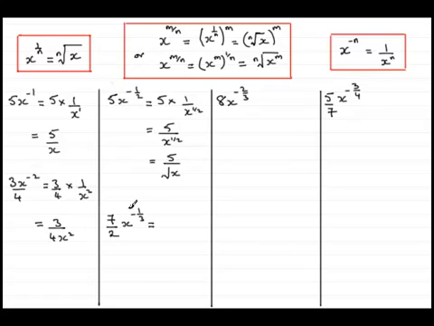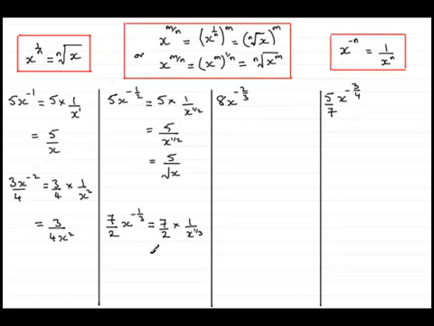Right, well, in this next example, as I said earlier, I'm introducing a number in the denominator here. We've got 7 over 2 being multiplied by x to the minus a third, which we know is times 1 over x to the power third if we use the negative power rule.